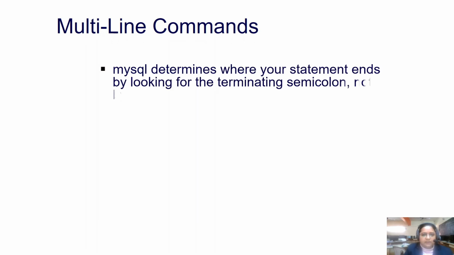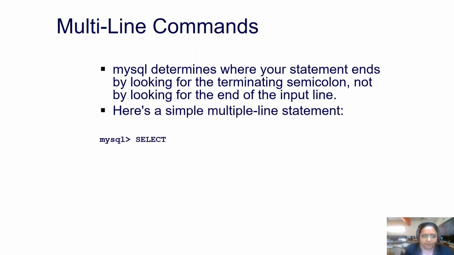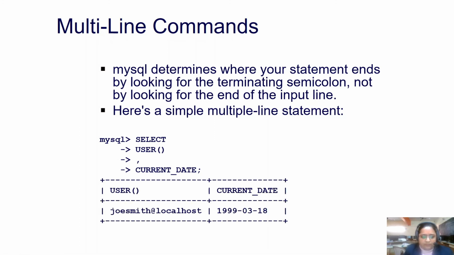Multi-line commands. MySQL determines whether your statement ends by looking for the terminating semicolon, not by looking for the end of the input line. So we can provide the commands on separate lines because it looks for the semicolon as the termination of the statement.